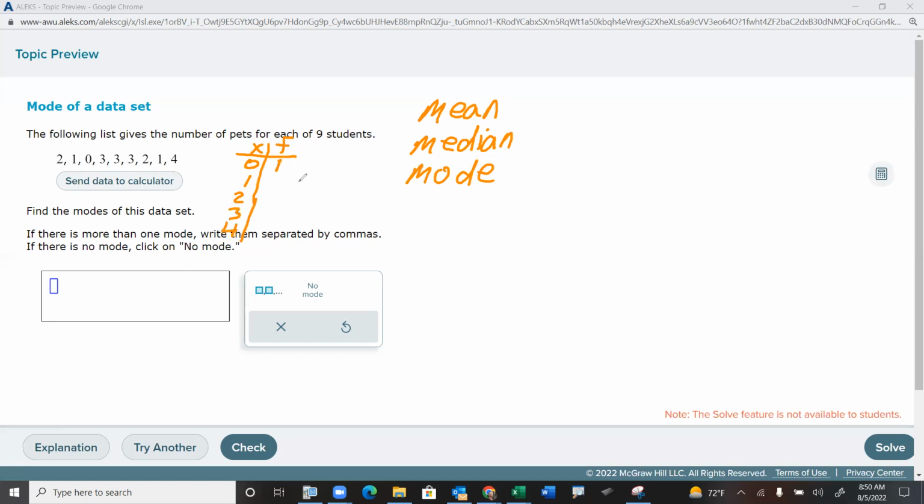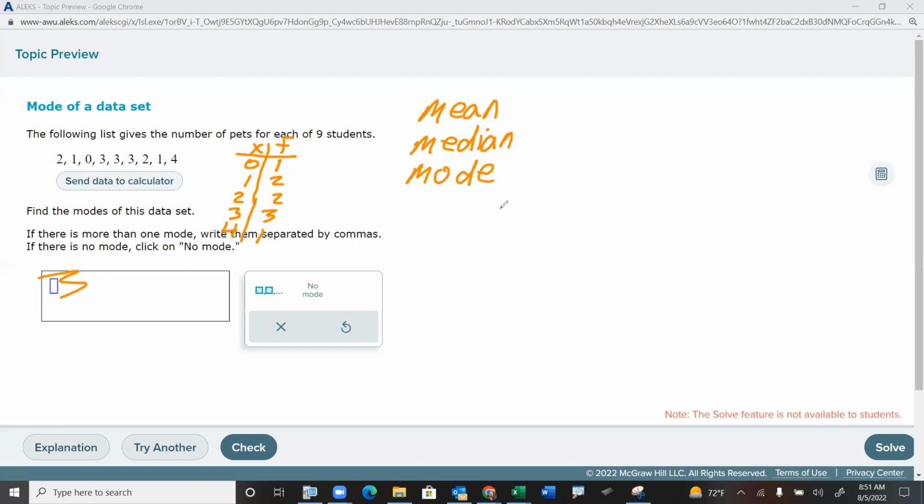We got 1 zero, a couple of ones, a couple of twos, 3 threes, and 1 four. So which one occurred the most? Well, that one right there. 3 occurred 3 times. So the mode is 3.